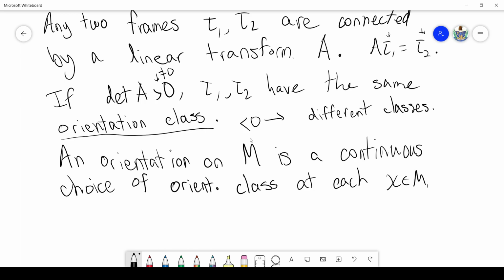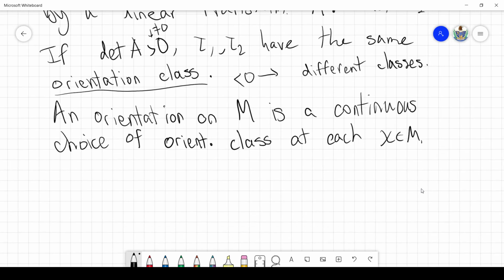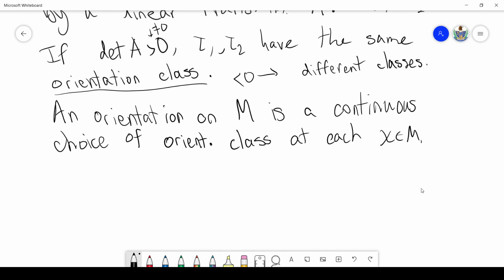So at each point in M, we're saying the orientation class of the tangent space is, let's say, the one that aligns with the standard dx dy, or it could be the opposite. So basically, at each point there are two choices, and we just have a continuous choice.